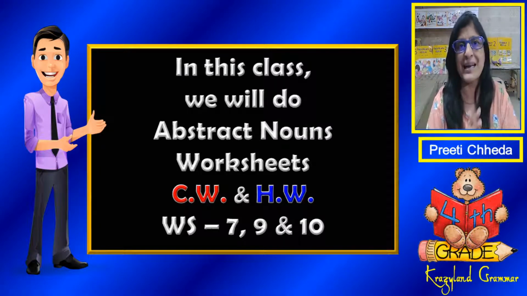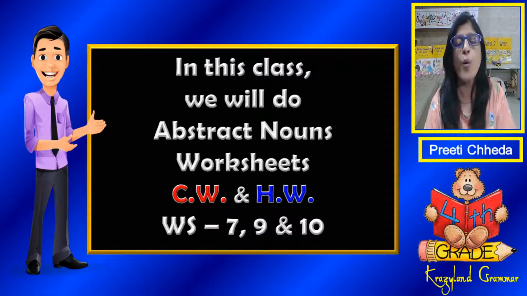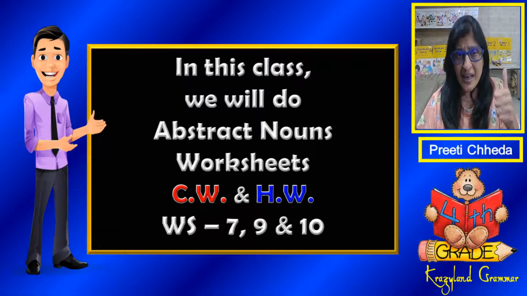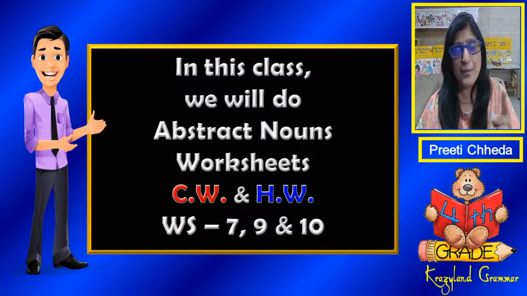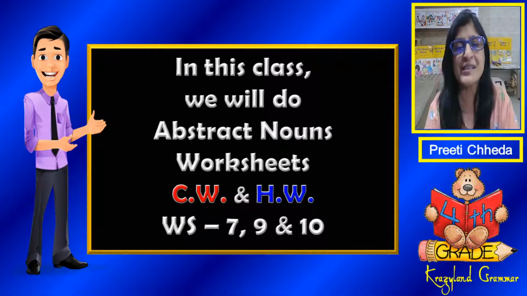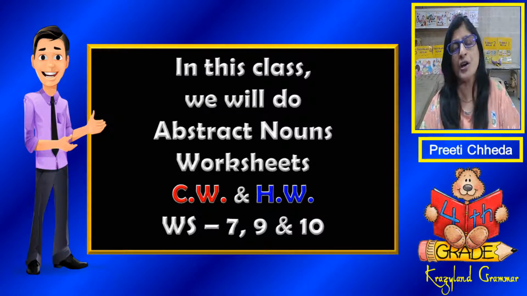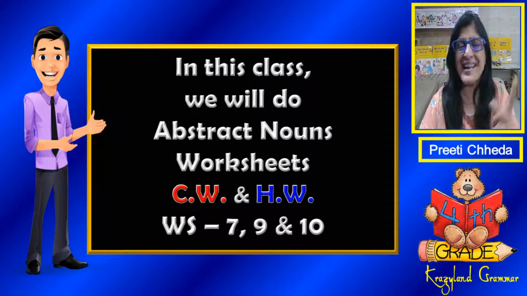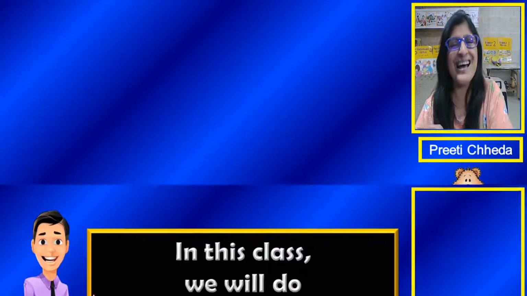Some part will be classwork, some part will be homework. And what worksheets will we be doing? WS7, WS9 and WS10. So we will be doing worksheet number 7, 9 and 10. So let's get into our classroom and let's start.